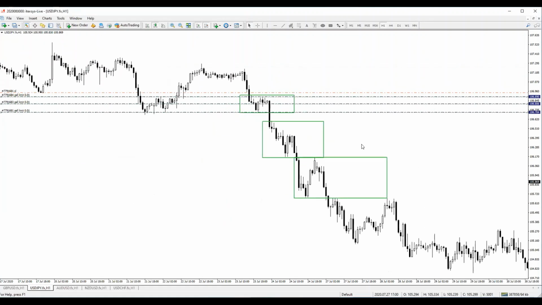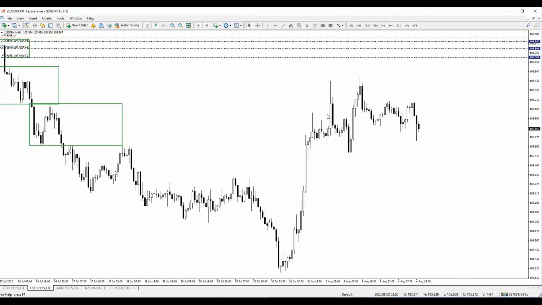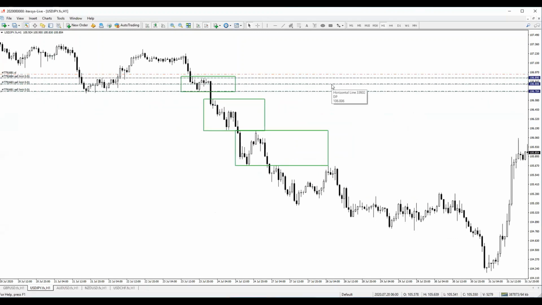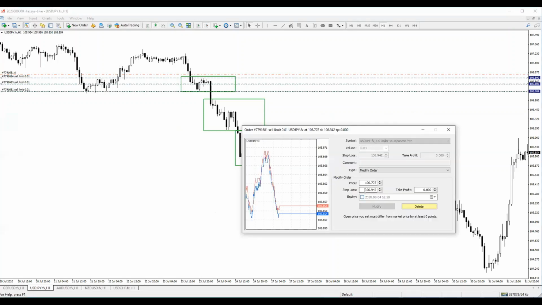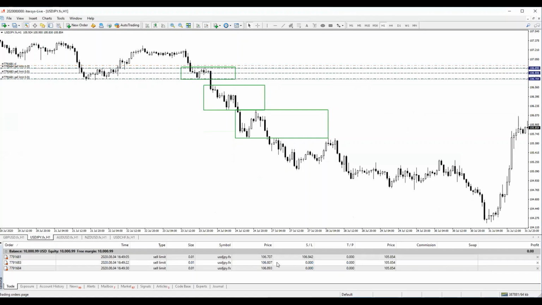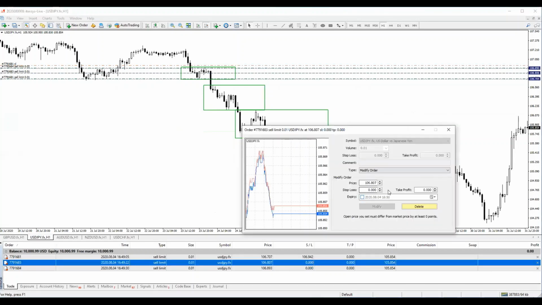Actually, for all three trades, the stop loss will be at the same level, beyond the origin of the pole. So if this is the stop loss here, we'll set the stop loss for this one at the same level.